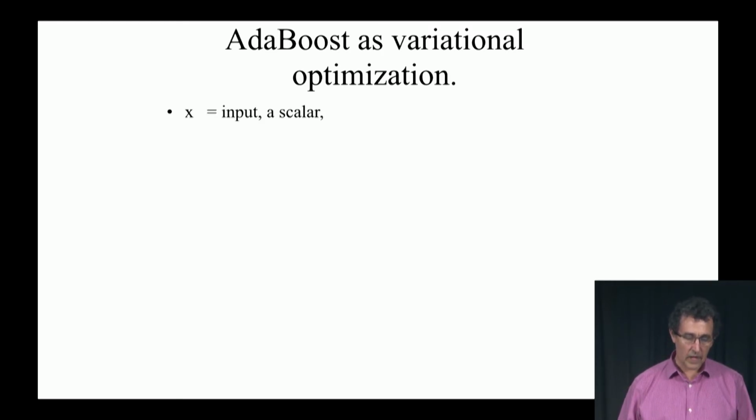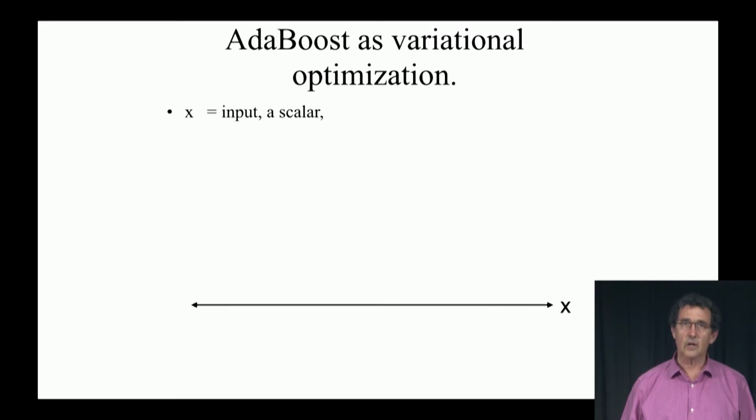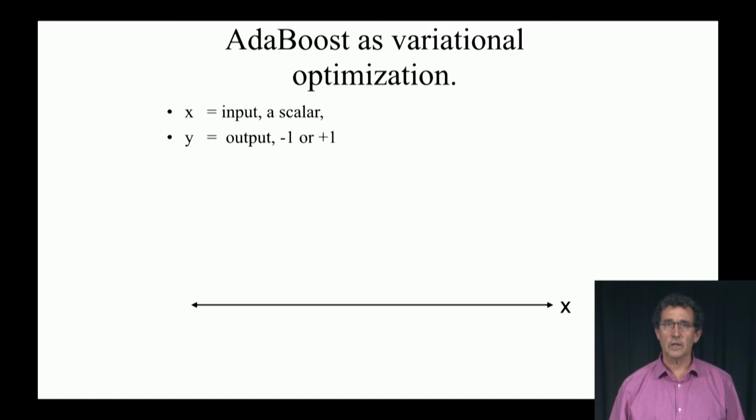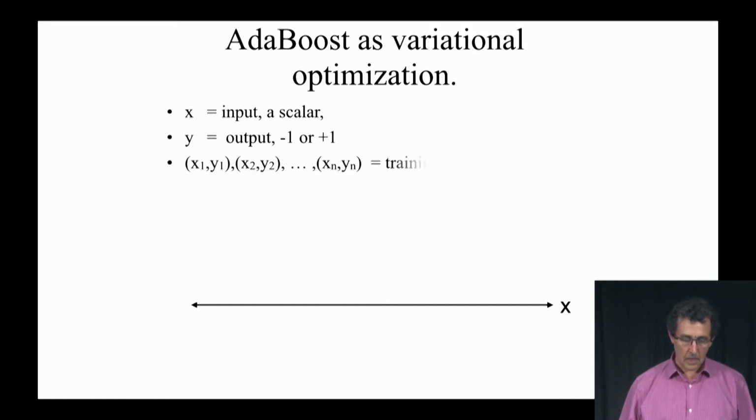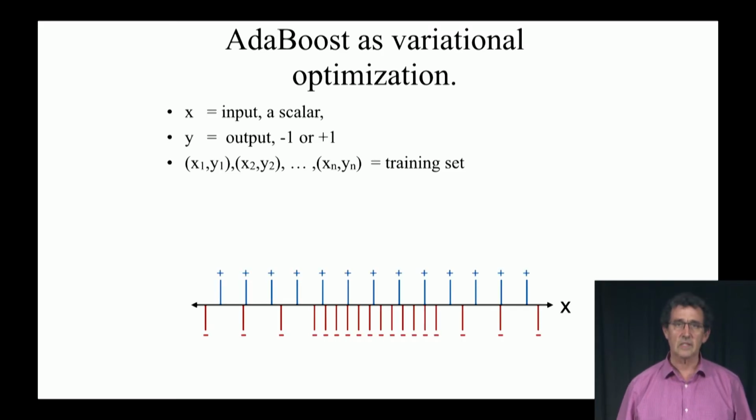So we have x, that is our input, and we have y, that is our output, +1 and -1. And we have a training set which has particular x's and labels, +1 or -1. Okay, so here are the plus examples, and here are the minus examples.